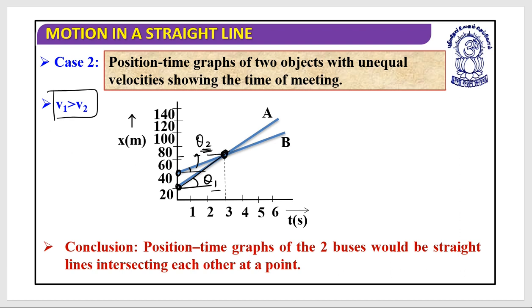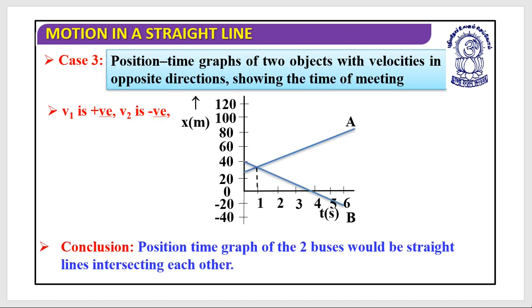This is the location where they meet, at a time of approximately 3 seconds. So at the intersecting position, these two are moving in the same direction with unequal velocities. Would like to do one more case. Very interesting. Let's move on.